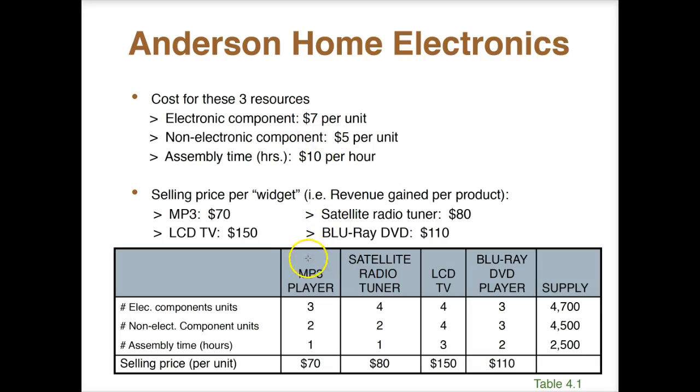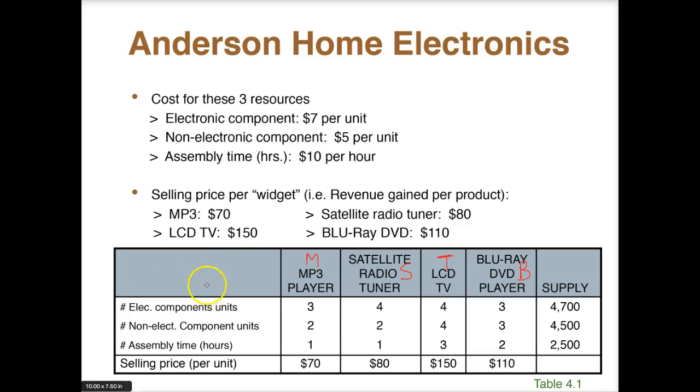We're calling M the variable for the number of MP3 players that we make. We'll use S for the number of satellite radio tuners, T for the number of LCD TVs, and B to represent the number of Blu-ray DVD players.